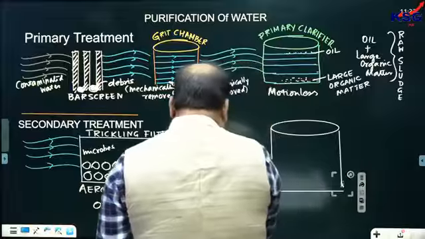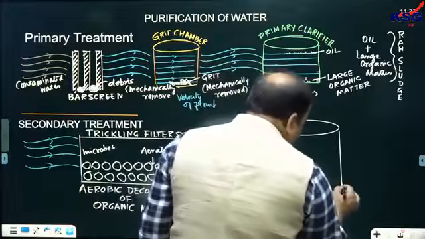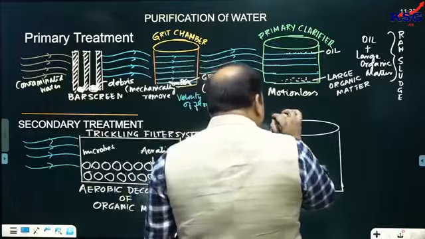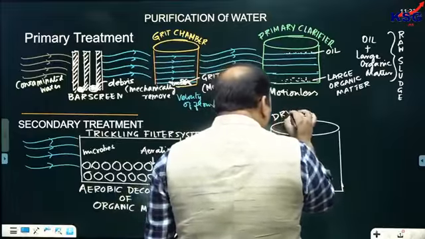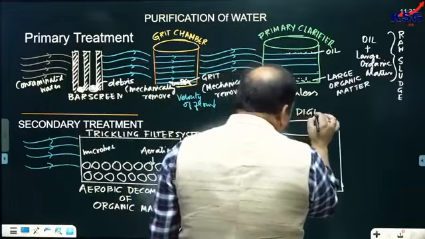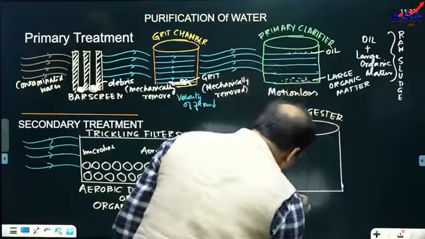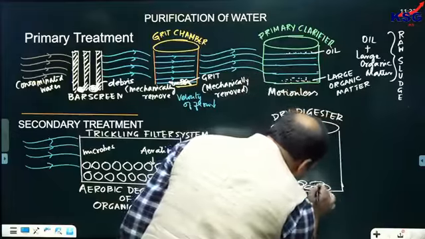We would be treating it in a chamber, and this chamber is called a dry digester, in which we are immersing the raw sludge.